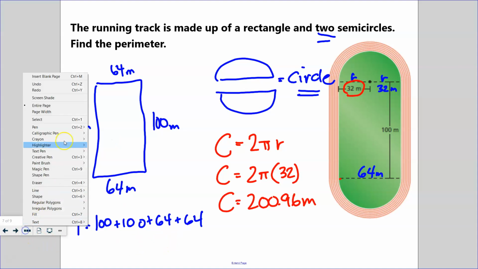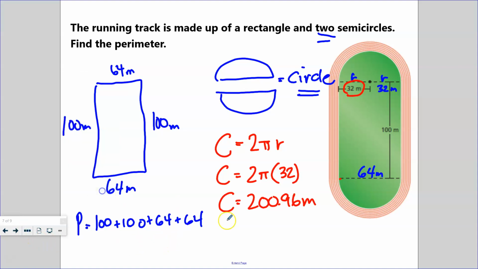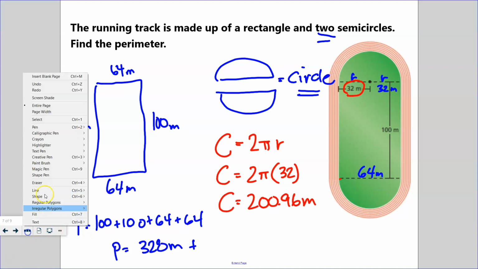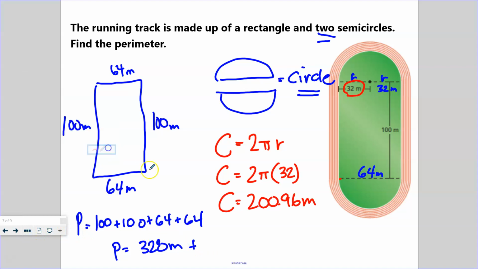So that color. I have perimeter of the rectangle is 328 meters plus the perimeter of the circle, the circumference of 296 meters.